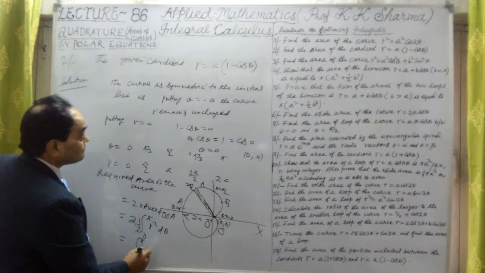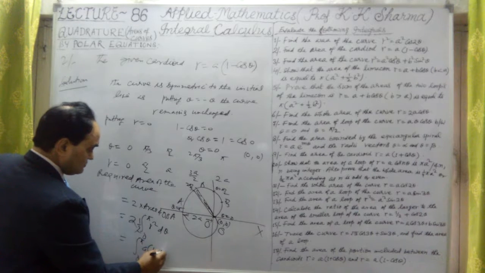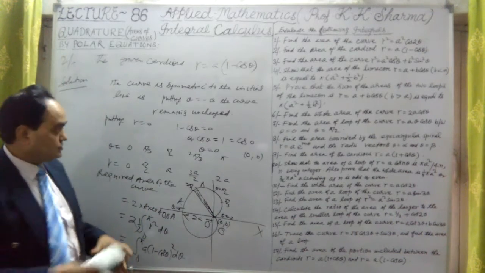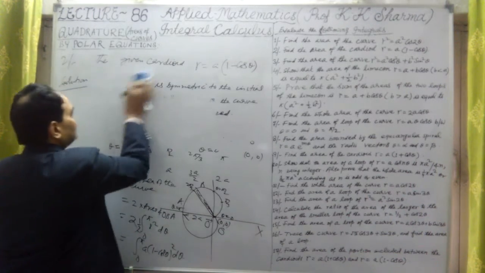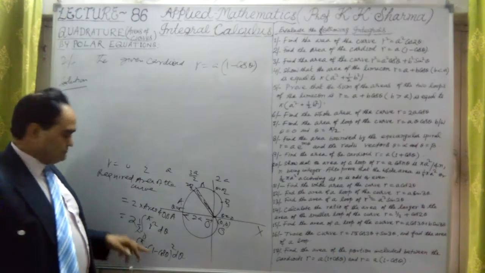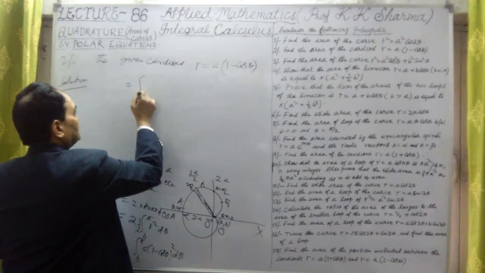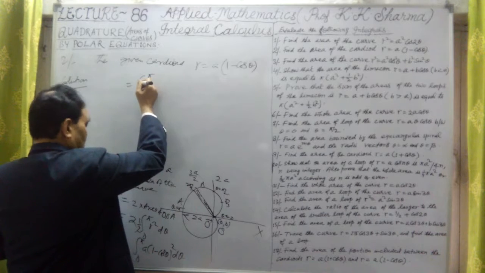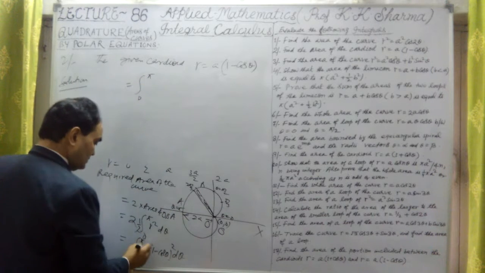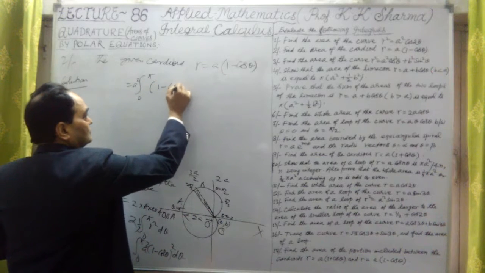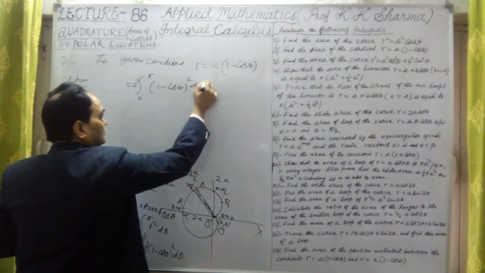R square is a square into 1 minus cos theta whole square d theta. Now we have to solve this. Squaring, the limits are 0 to pi, and a square we take outside, 1 minus cos theta whole square d theta.